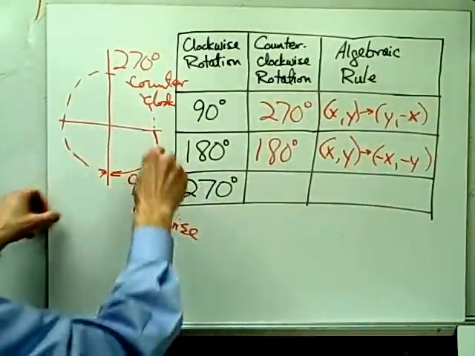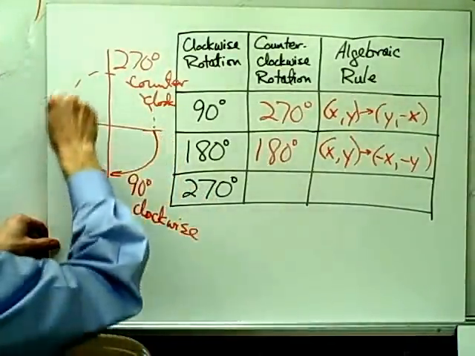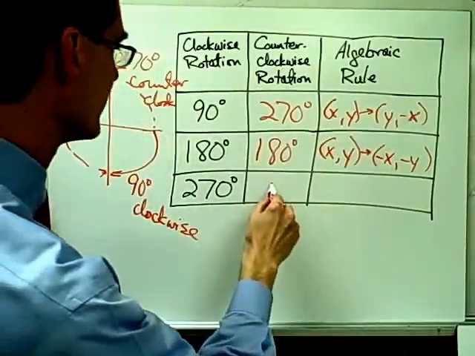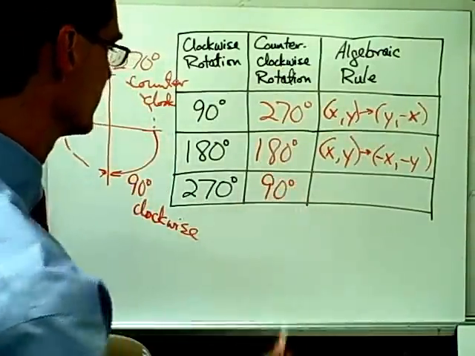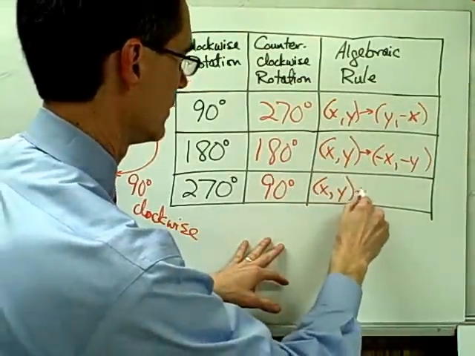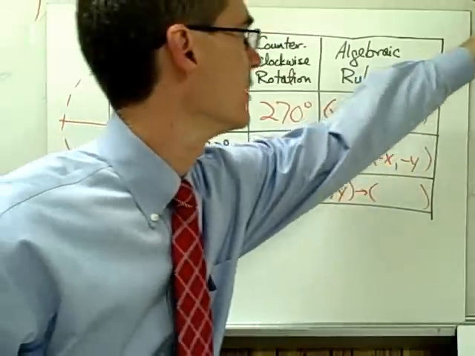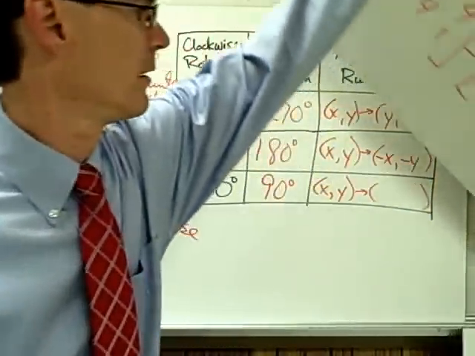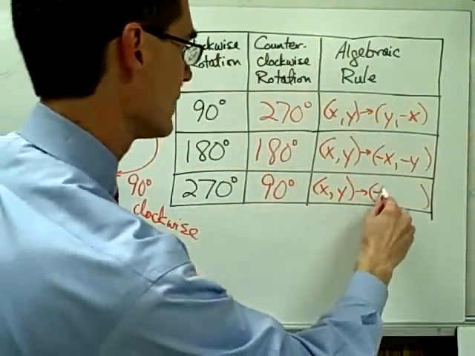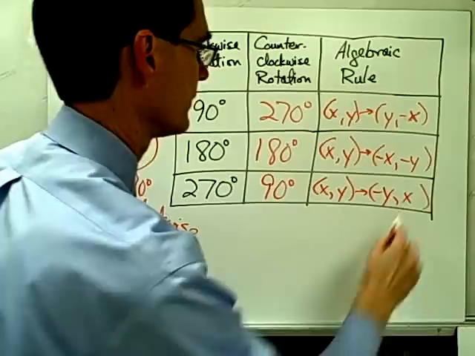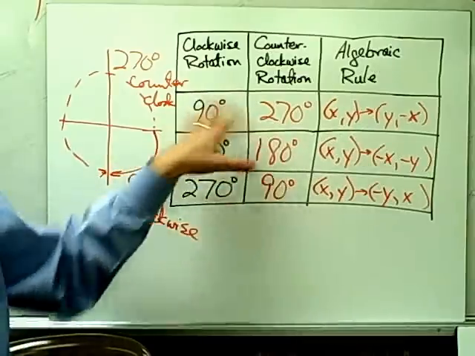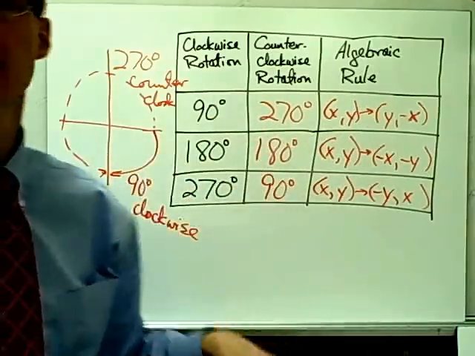And a 270 degree clockwise rotation is going to be the same as a 90 degree counterclockwise rotation. They're going to have the same algebraic rule, and I look back at my notes and I see that that algebraic rule is (negative y, x). So now I have all of my algebraic rules for each type of rotation.